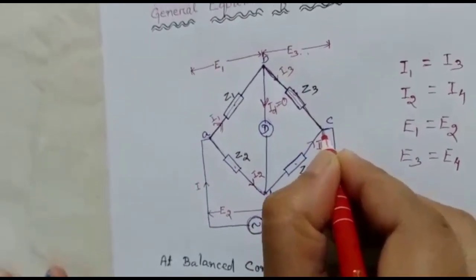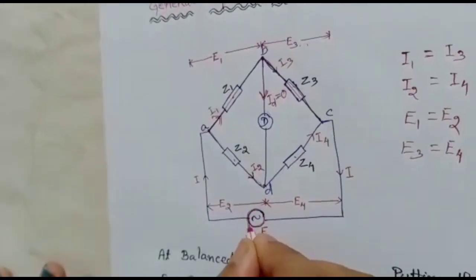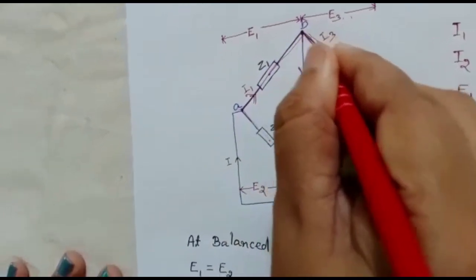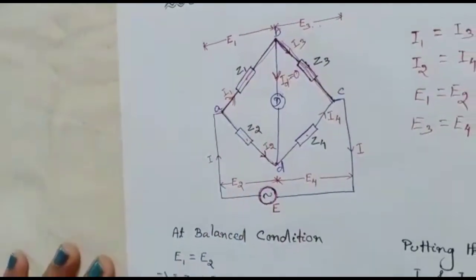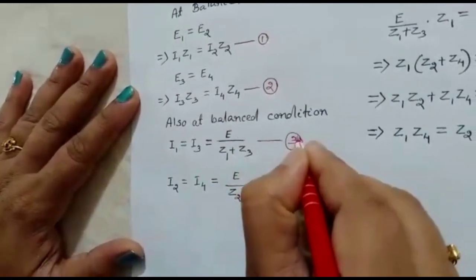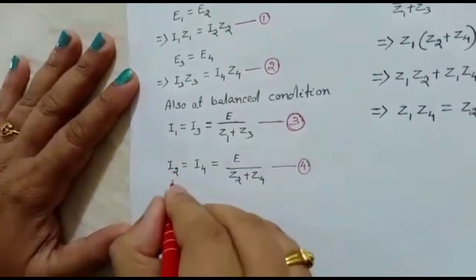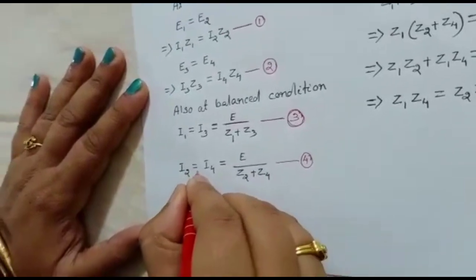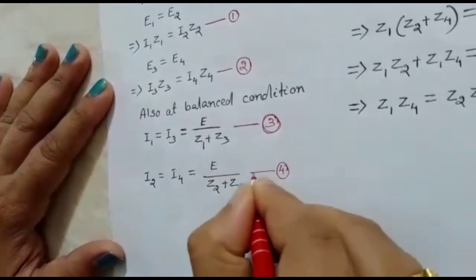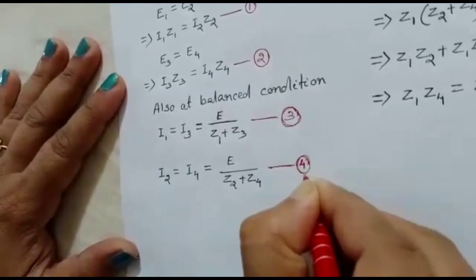So I1 is equal to the supply voltage E divided by Z1 plus Z3, as both are in series. That is equation number 3. Similarly, I2 is equal to I4, and that is E by Z2 plus Z4, equation number 4.